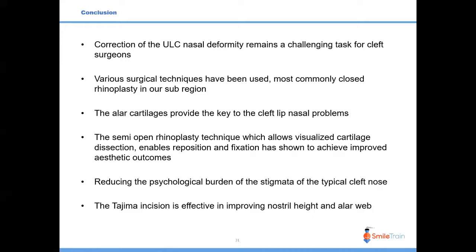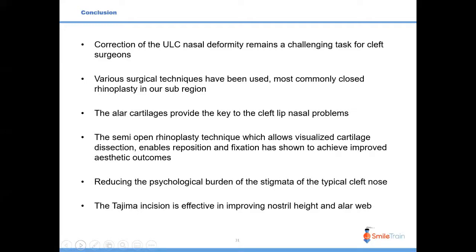And the semi-open rhinoplasty technique allows visualized cartilage dissection, enables you to reposition the cartilage and fix it in the new position with sutures, and has also been shown by research to achieve more improved aesthetic outcomes or symmetry, thereby reducing the psychological burden of the stigmata of the typical cleft nose that patients usually suffer or endure.